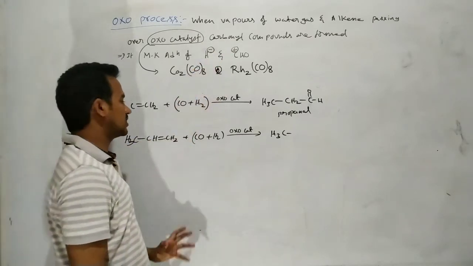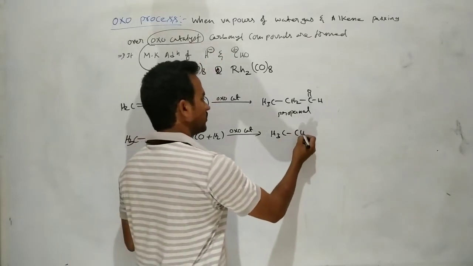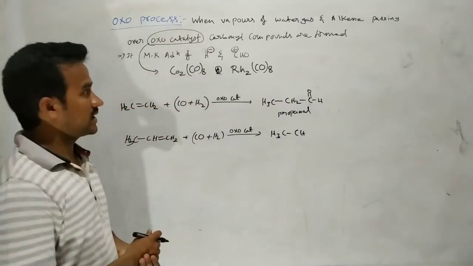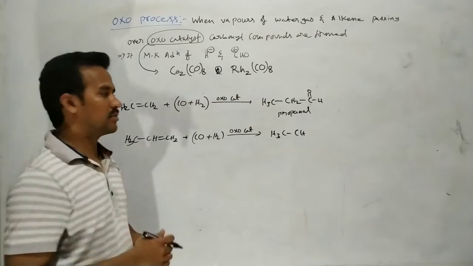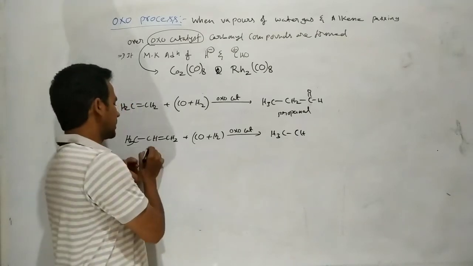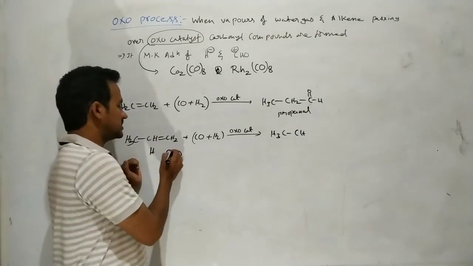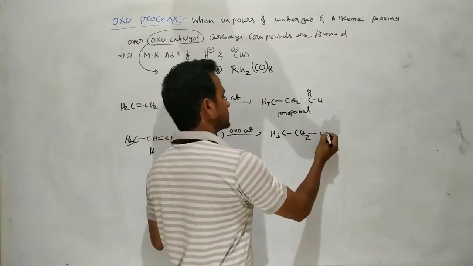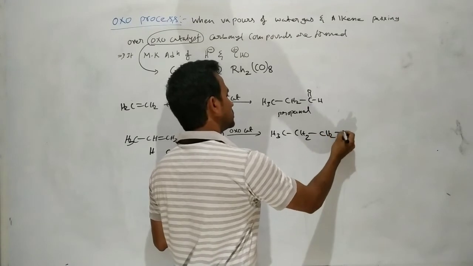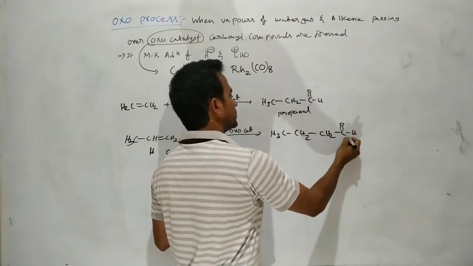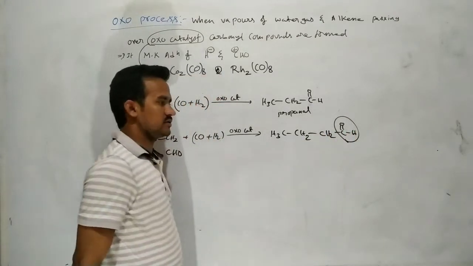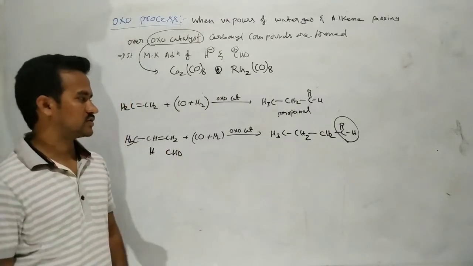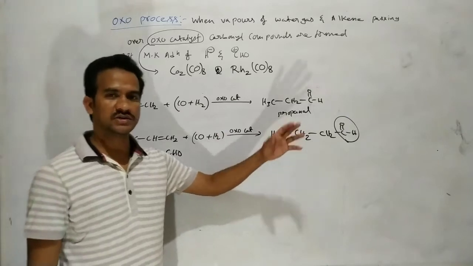The negative part is added to the carbon which has fewer hydrogens, that means this hydrogen is added to this carbon and CHO plus is added to the terminal carbon. The positive part is added to the carbon which has more hydrogens. So the product is butanal.